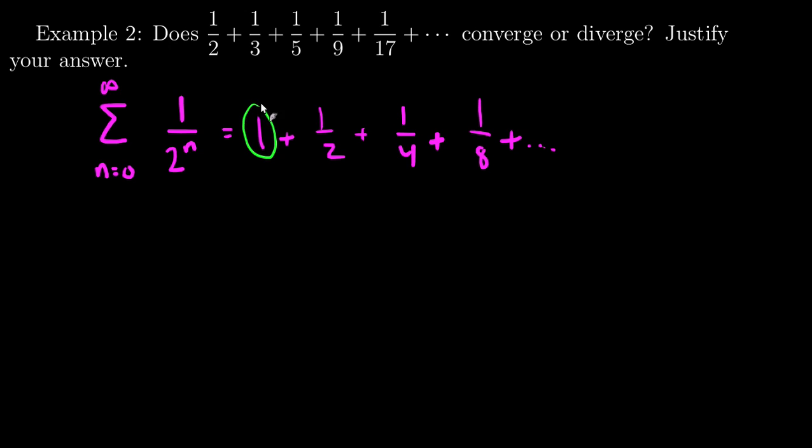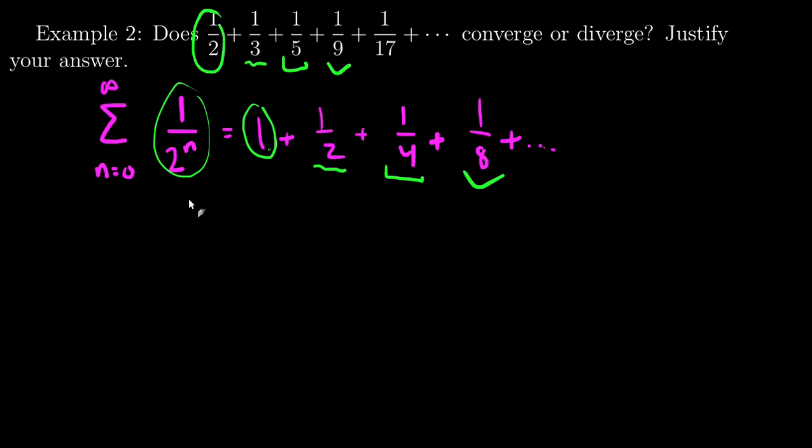The first term here and the first term here, this one's bigger. The second term here and the second term here, 1/2 is bigger than 1/3. The third term and the third term, 1/4 is bigger than 1/5. And you can sort of see it now. The fourth term and the fourth term, 1/8 is bigger than 1/9.